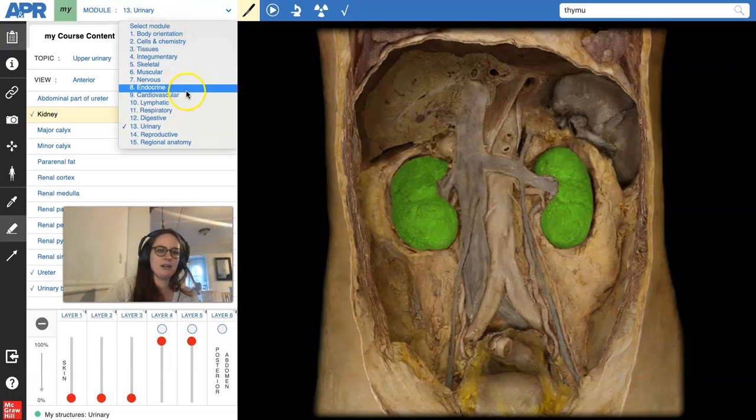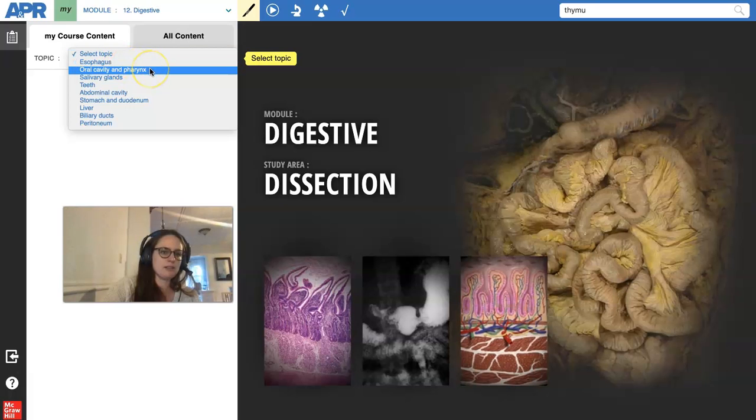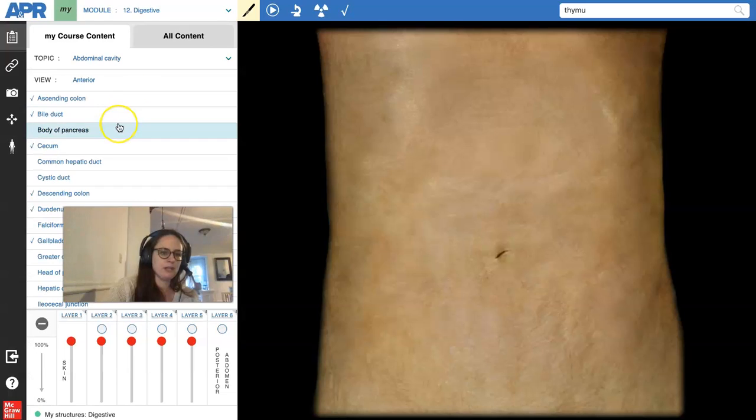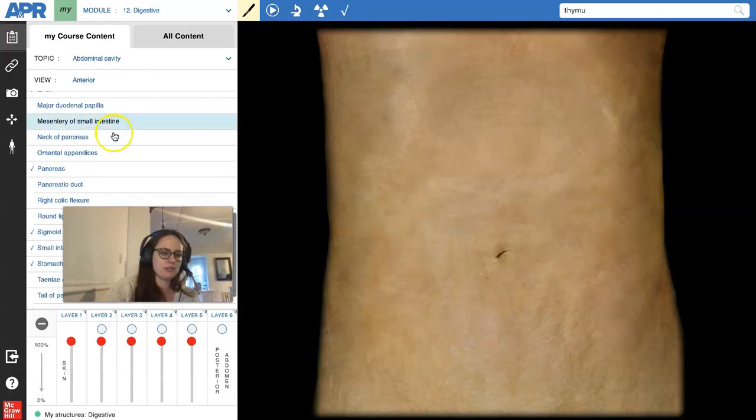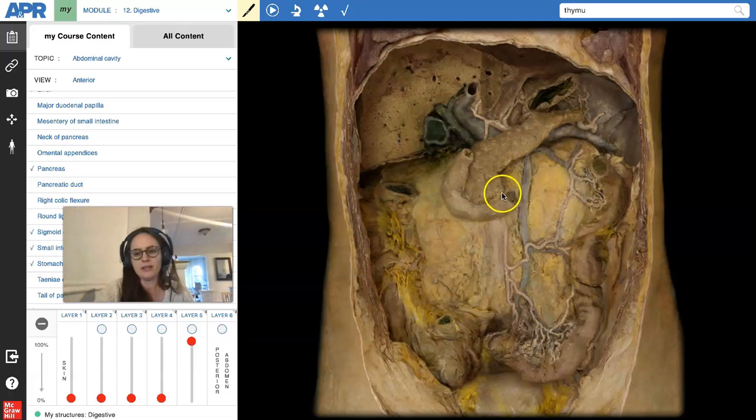Let's go back to digestive for a second and look at that pancreas. Abdominal cavity. Pancreas. So yeah, it doesn't look like a heck of a lot.